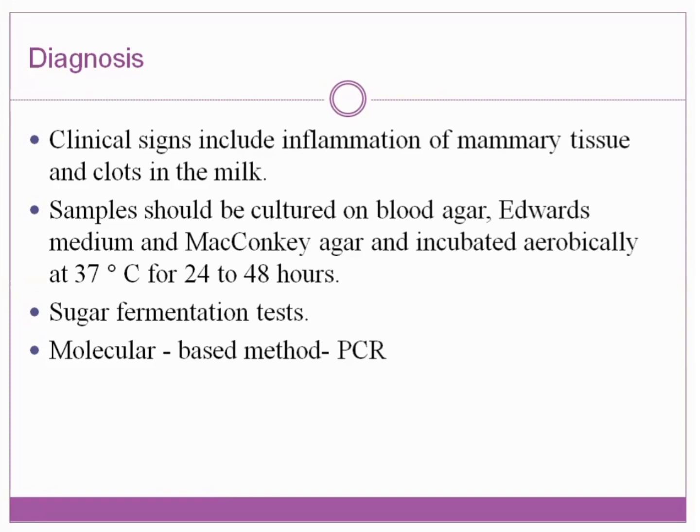So we can differentiate the different species that cause mastitis in animals by incubating these cultures aerobically at 37 degrees centigrade for 24 to 48 hours, and after that we can identify the species and the streptococcal infection.